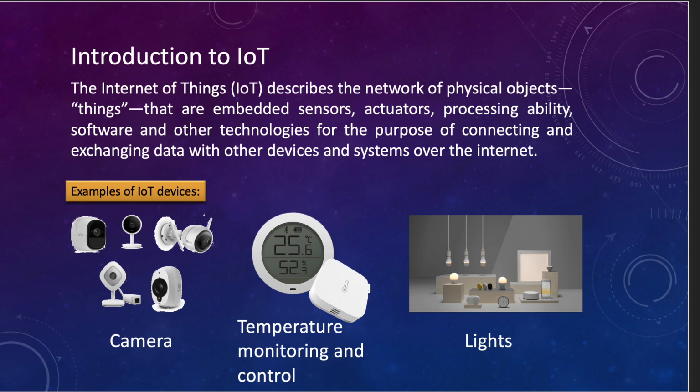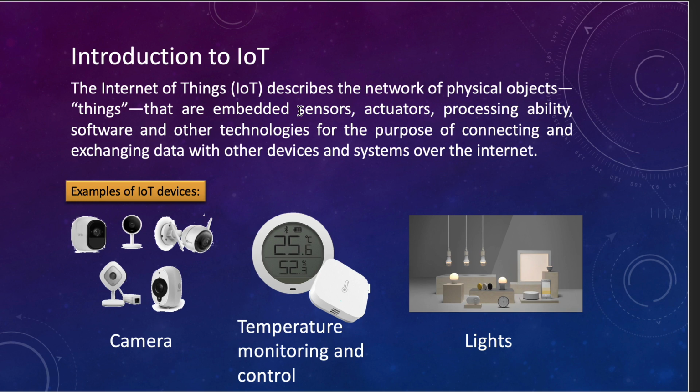Then we looked at examples to understand what IoT devices are, right? From the definition itself, you can see that sensors, actuators, and processing ability, alongside compatible software, are the parts of an IoT device.